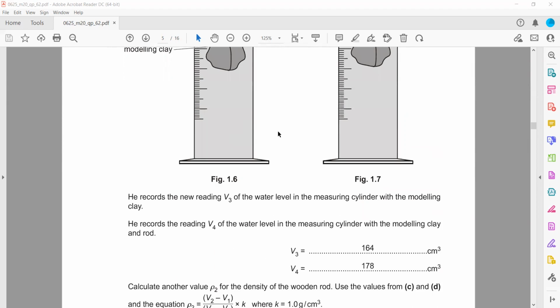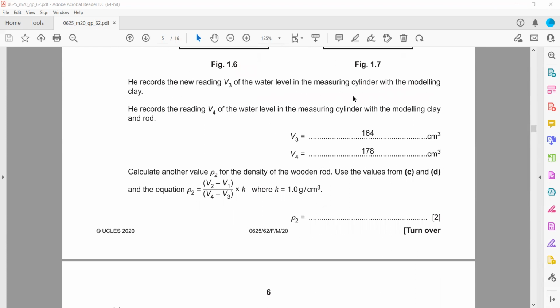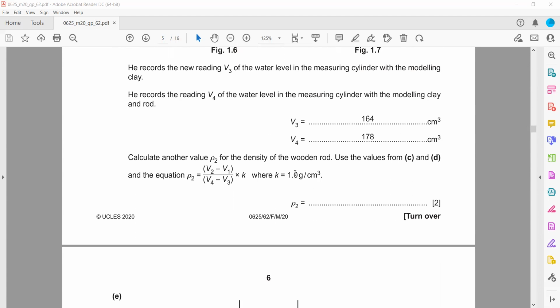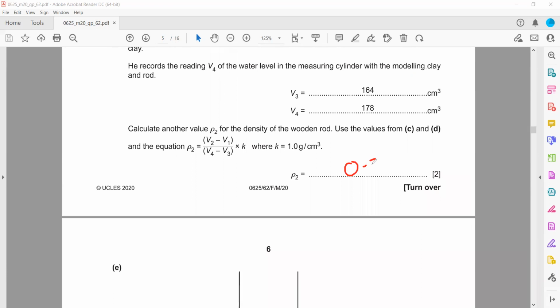He then records the volumes V3 and V4, and then he uses the formula V2 minus V1 over V4 minus V3 into K, and the value of K is 1. So you have V1, V2, V3 and V4, you just substitute and you will get the answer, which will be about 0.57 grams per centimeter cube.